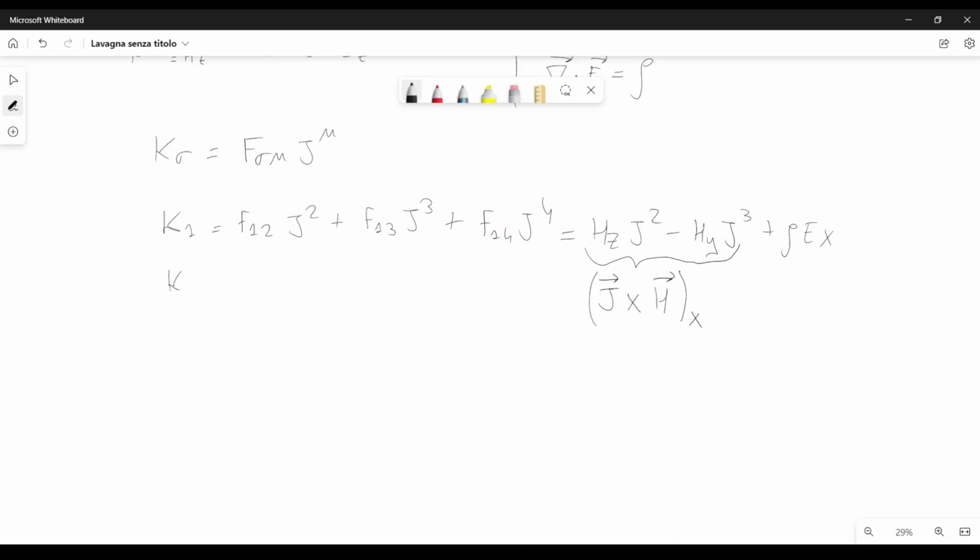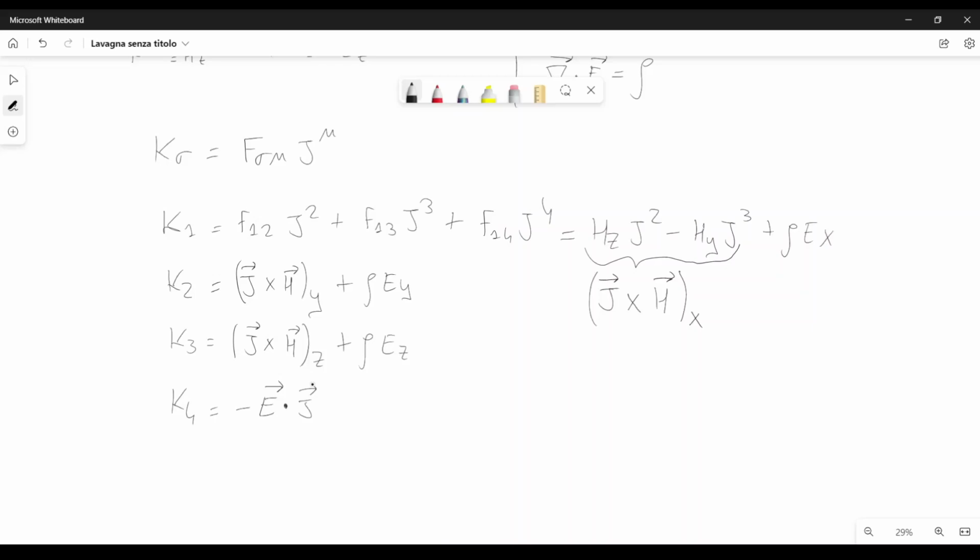In particular, let me write it down. k2, you can find that this is equal to j cross h, the y component of this, plus rho times ey. k3 is equal to j cross h, and in particular the z component of this, plus rho times ez. Whereas k4, if you substitute and do a simple calculation, this gives you minus the electric field vector dot product with the current density j.